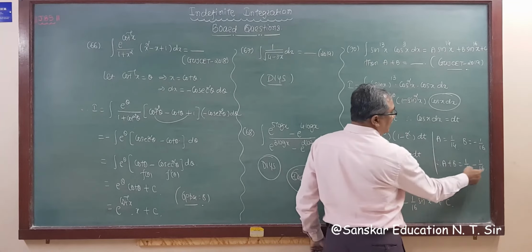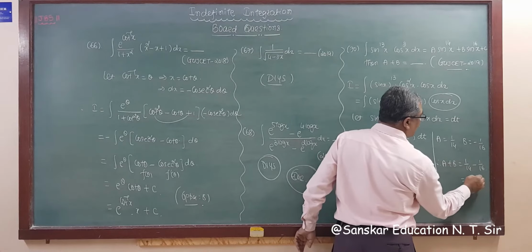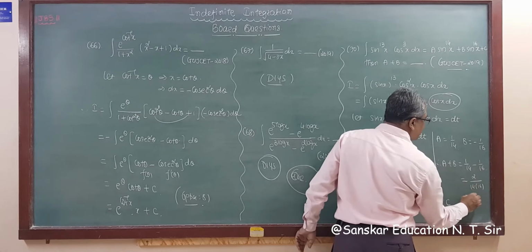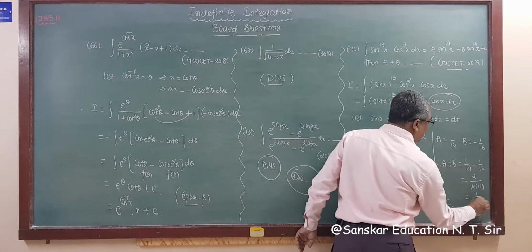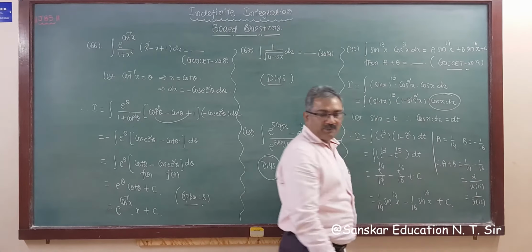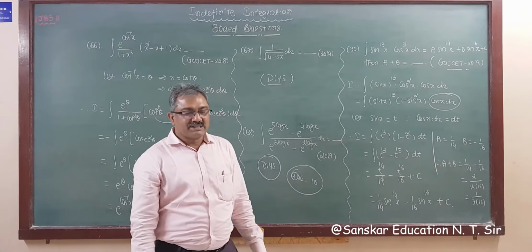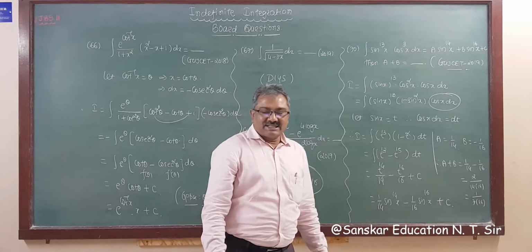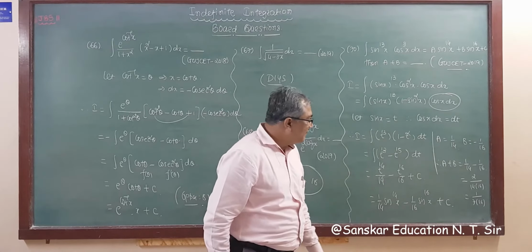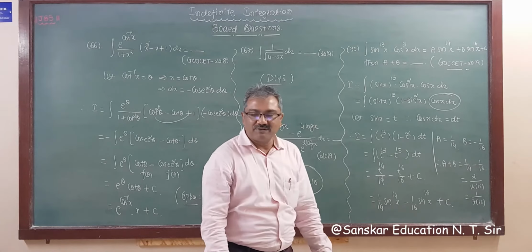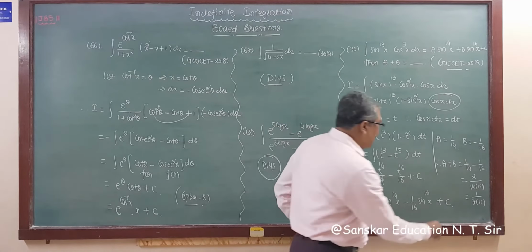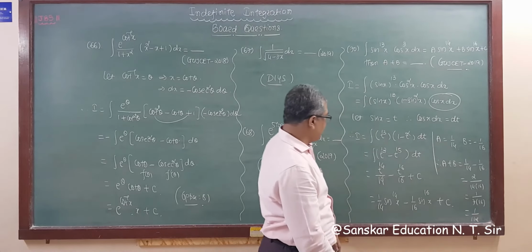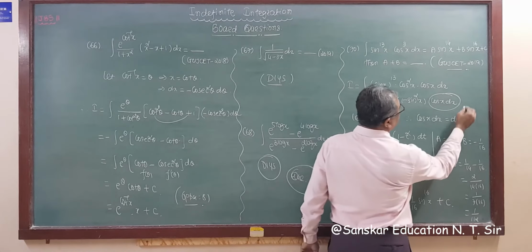Taking the LCM, 16 minus 14 is 2 upon 14 into 16, that is 1 upon 7 into 16, which is 1 upon 112. So option D, 1 upon 112, is your correct answer.